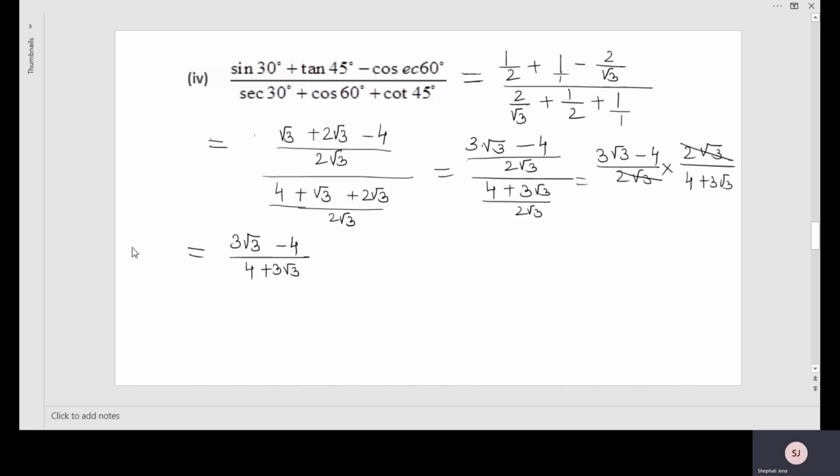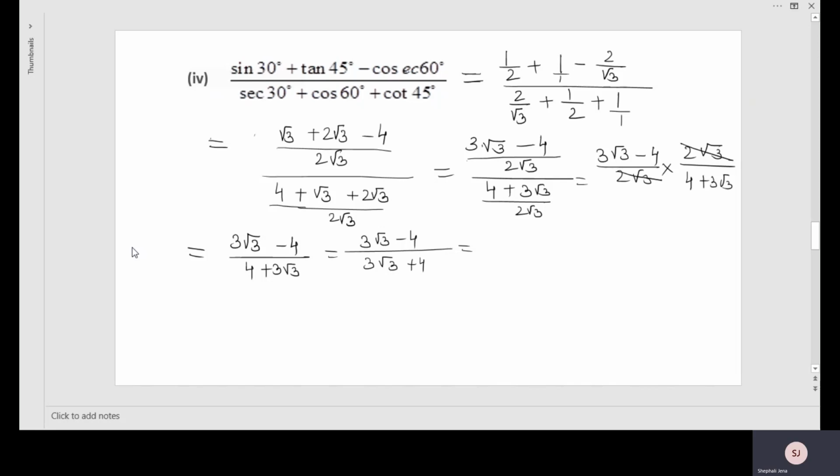Okay, now we should rationalize the denominator. 3 root 3 minus 4 divided by 3 root 3 plus 4. Rationalizing the denominator means we multiply by 3 root 3 minus 4.